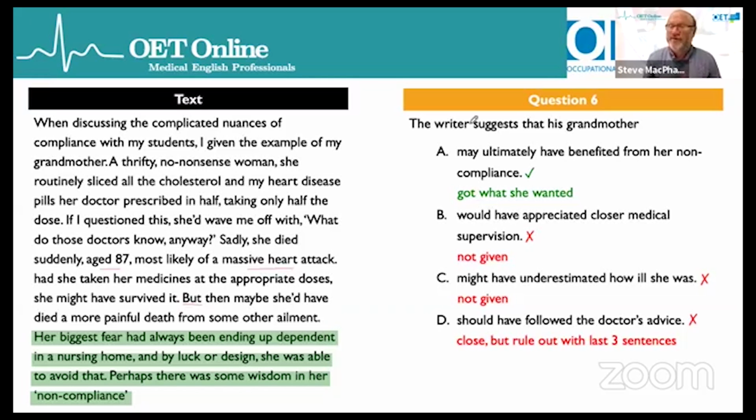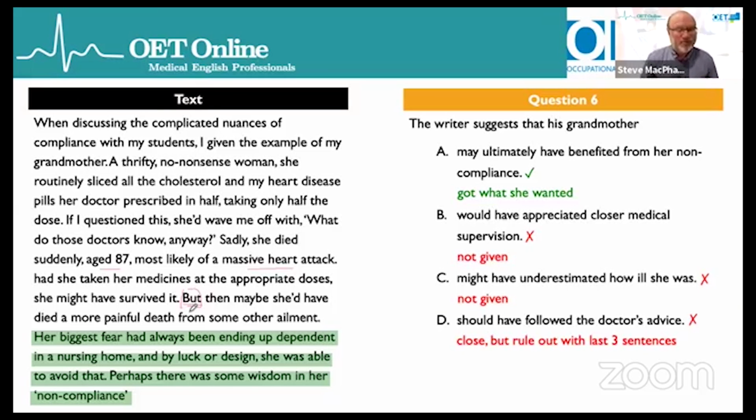And that probably would have meant B if she'd followed the doctor's advice. If you only read up to the word but, you may choose answer D. But then we've got the word but. And it's what comes after but that's important. But then she'd have died, she maybe would have died a more painful death from some other ailment.